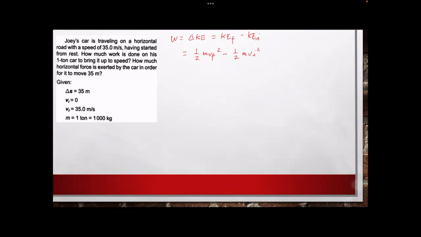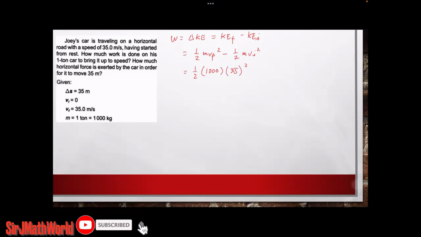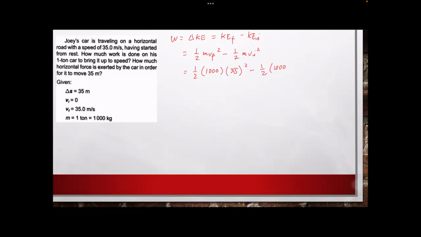So therefore, magkakaroon tayo dito ng 1/2 times 1,000 times yung ating velocity. The final, this is 35 squared minus 1/2 of 1,000 times this is 0 squared. So since ito ay 0, mawawala na to. Yan. So ang problema na lang natin is 1/2 times 1,000 times 35 squared.